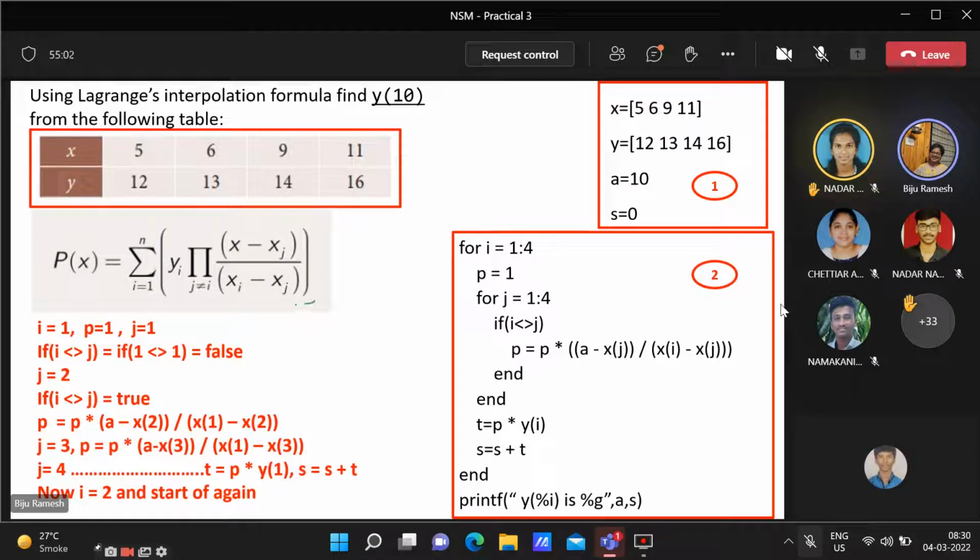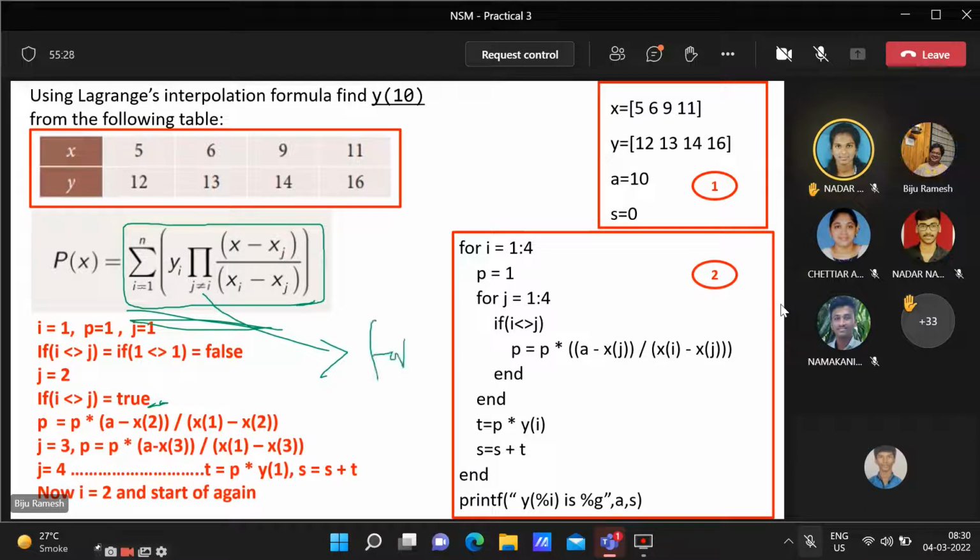So we are going to write the code for this. Whenever it is programming, the teacher can guide, but you should use your brain to understand why we are writing the code like this. So when we get such formulas, it is very clear this is one for loop and this is another for loop.